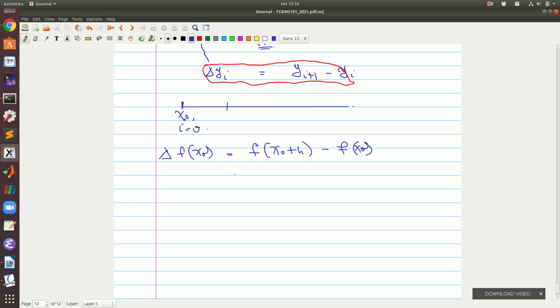But we know that f of x naught plus h is the same as f of x1. So we have f of x1 minus f of x naught.